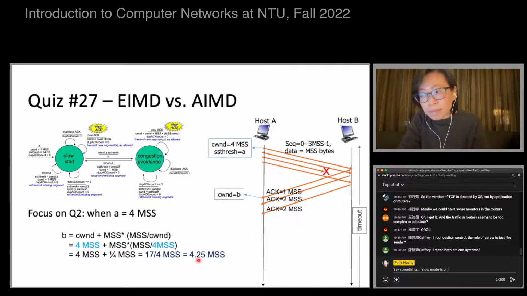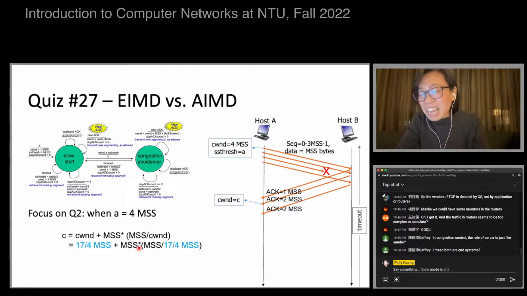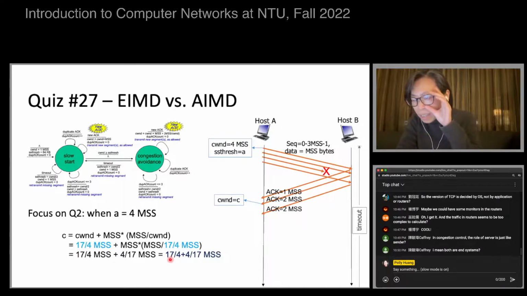Now what about C? Yeah, C. So we had 4.25 for B. So C then is 4.25 plus MSS multiplied by MSS over 4.25 MSS.